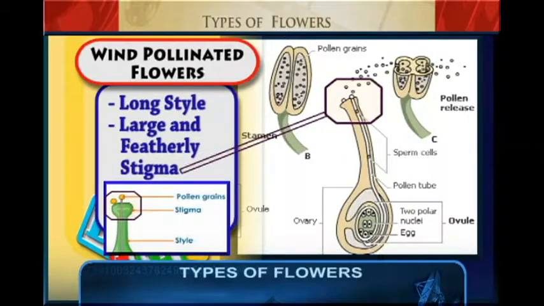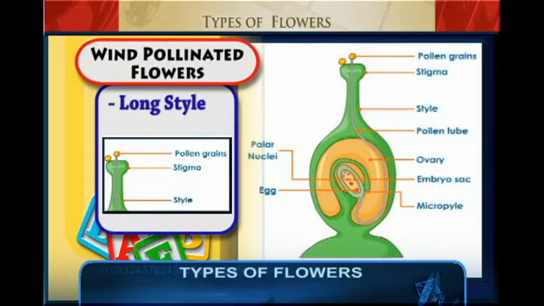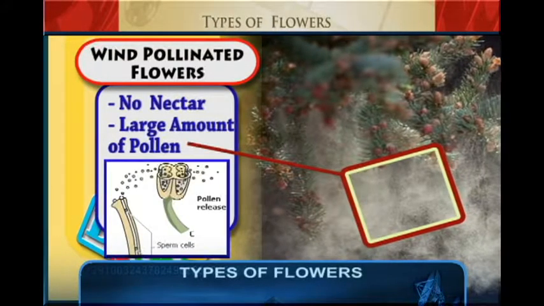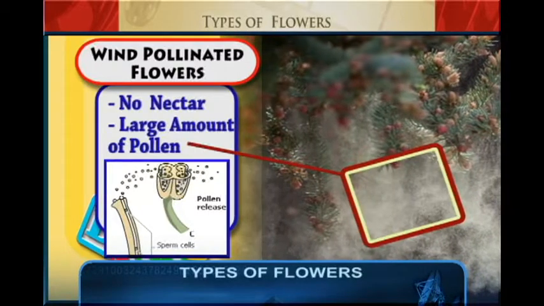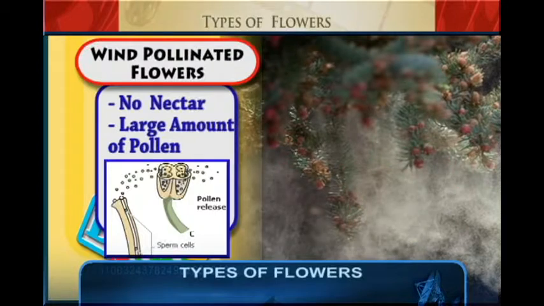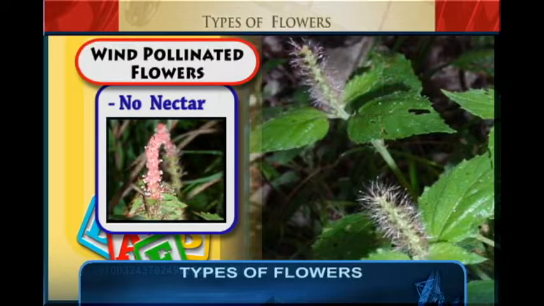They have a large and feathery stigma. They have a long style. They have stamens with long filaments. They produce a large quantity of pollen, and also we have seen that they don't produce any scent, neither do they produce any nectar.